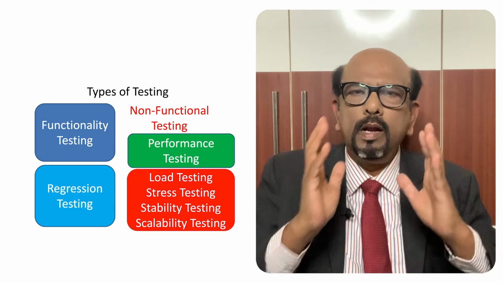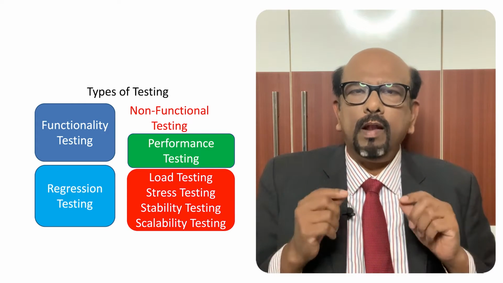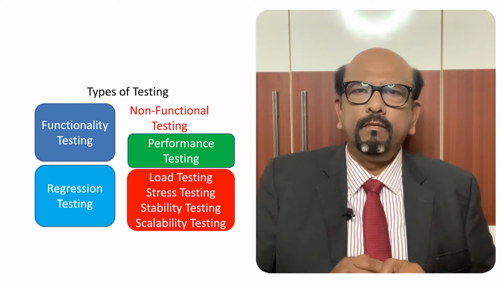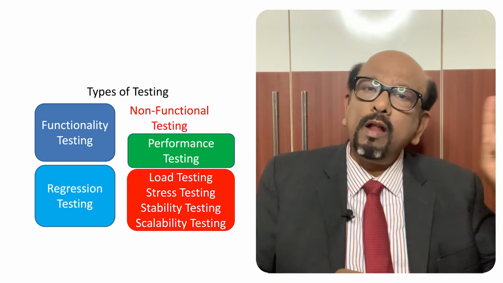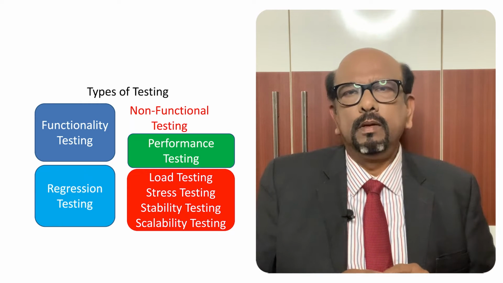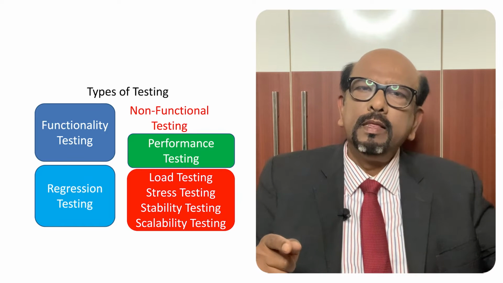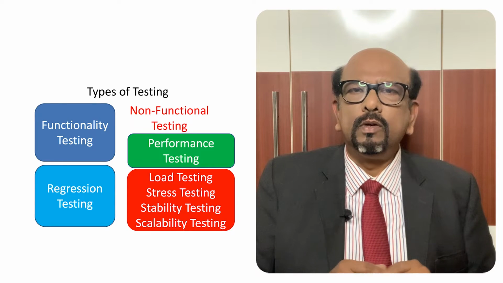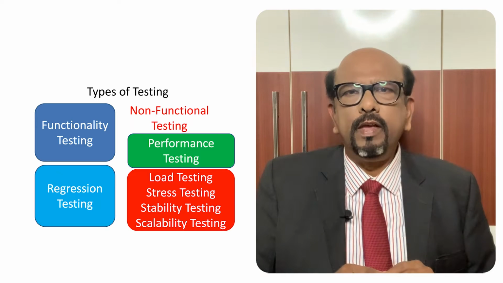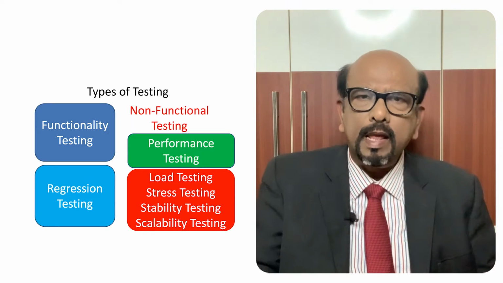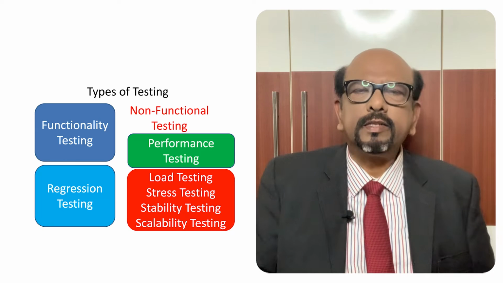When this new build is deployed, we will have to first verify whether all the 100 old functionalities are there. Because the addition of the new feature shouldn't have damaged the existing features. So, for those 100 features, you will have to do the testing again. That is called regression testing.